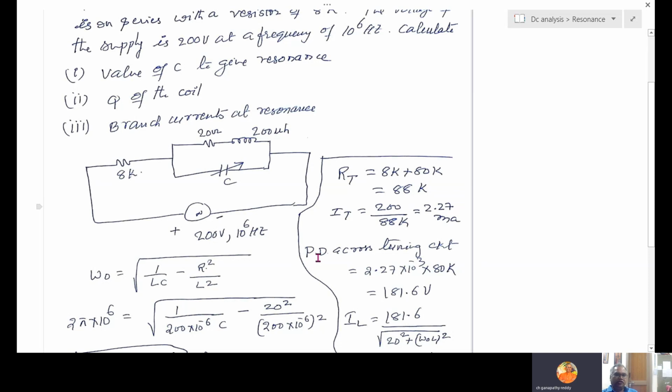Then potential difference across the tuning circuit. So what is the tuning circuit resistance? 80K. Through this, how much current is flowing? 2.27 milliamps. Multiply, you will get 181.6 volts. So voltage across this circuit is 181.6 volts.